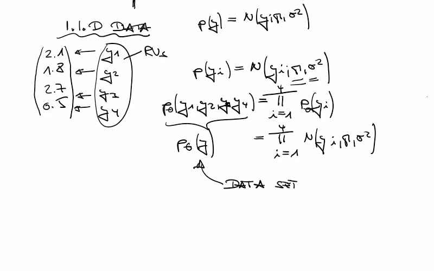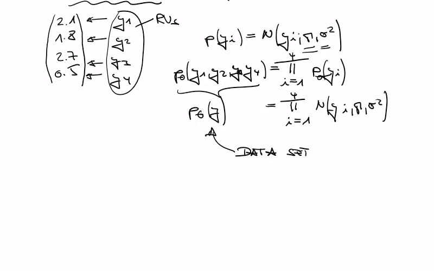Yeah, that's important. And for IID data, you can get the likelihood function for a given data set of a specific size by multiplying the probabilities for individual random variables in your probabilistic model. And IID data has another nice feature.